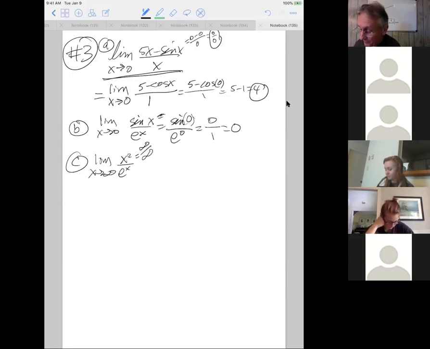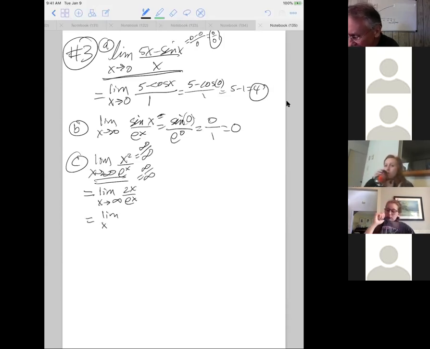So we get an indeterminate form of infinity over infinity, so you can use L'Hopital's, which says that this first limit is equal to this same limit with the derivative of the top over the derivative of the bottom. Check it out. What do you get? Again, 2x goes to infinity. E to the x goes to infinity. Therefore, we can do it again.